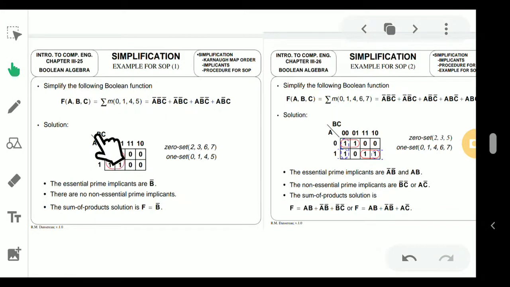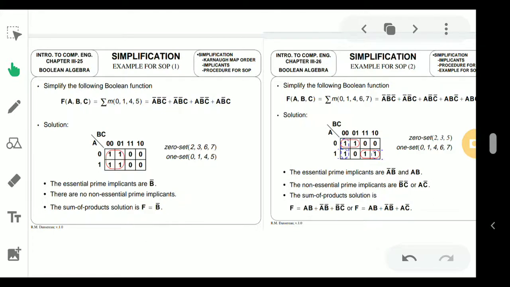Here a and a bar are changing, but in this term the b value is 0, and here also the b value is 0. The c value is 0 and then changes. So in which variable is there no change? In b bar, because the b value is 0. The shortest form of this expression is b bar.